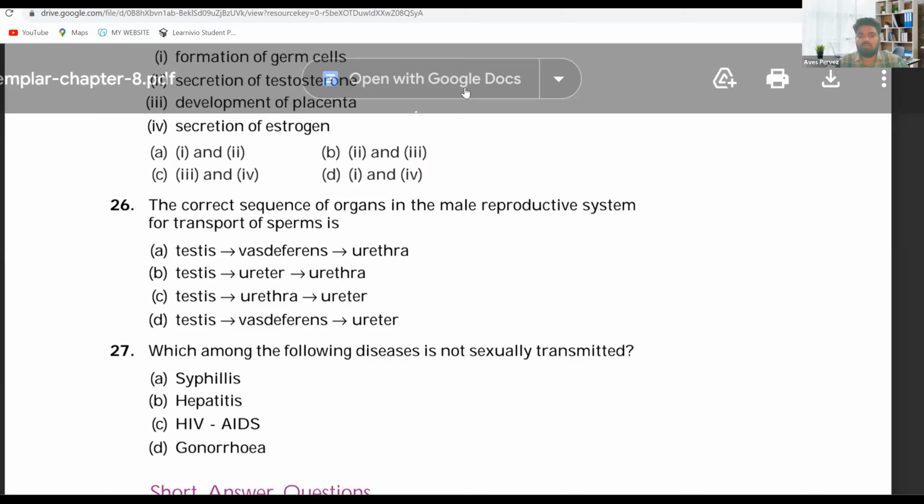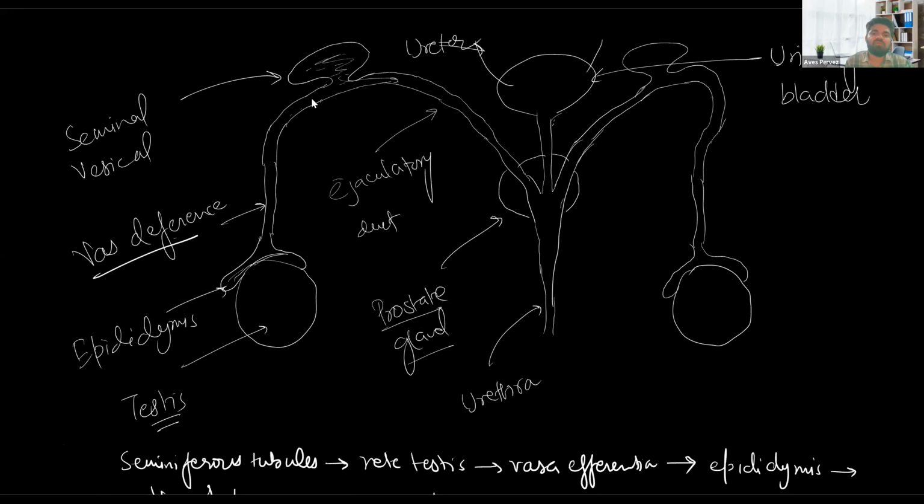You can see here in the notes, this is the testis, and from testis is vas deferens, and from vas deferens is the urethra. And the ureter is this one, collecting the urine from kidney to the urinary bladder for temporary storage. Okay, got it?